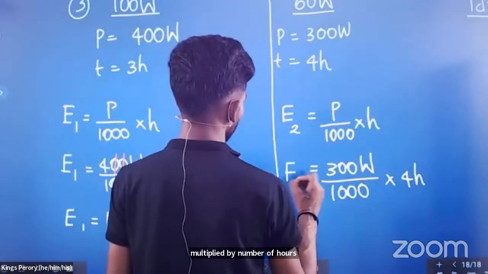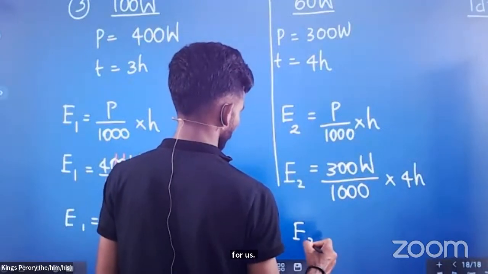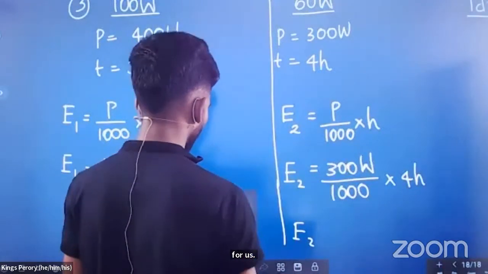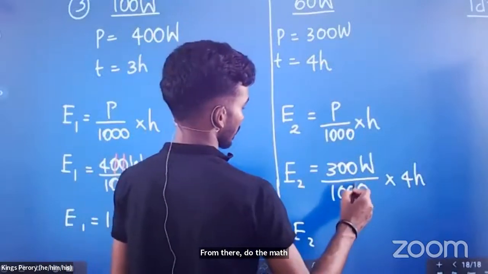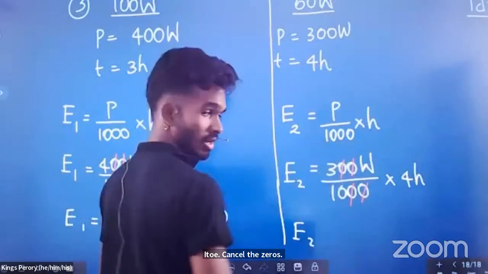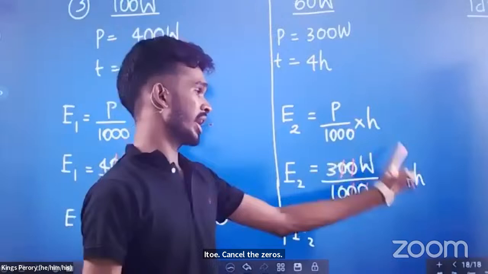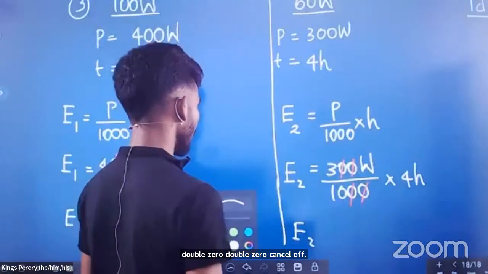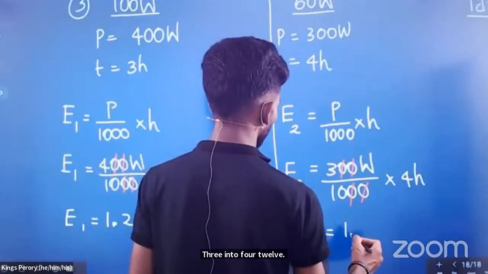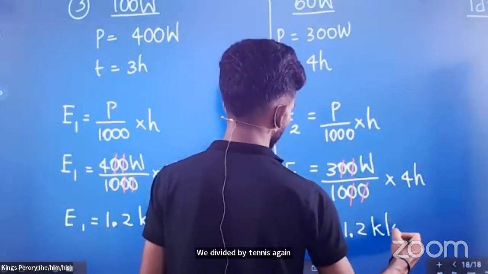Cancel the zeros. 3 into 4, 12. 12 divided by 10 is again 1.2 kilowatt hour.